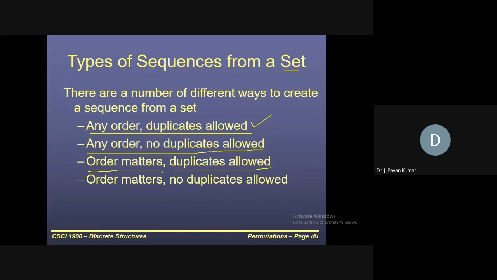If order matters, it comes into the third category. If duplicates are not allowed and order matters, that is the fourth category. These are several ways we can create sequences from a set. I hope you could follow.